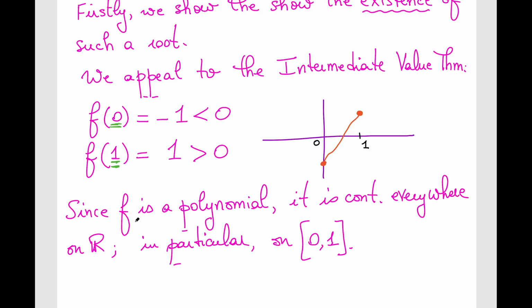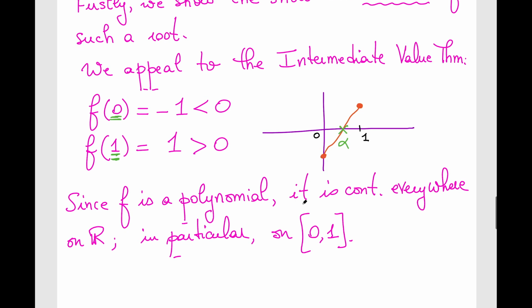So I verified the conditions of the intermediate value theorem, and as such, there must exist a number alpha, where f of alpha is 0, meaning the function crosses the x-axis.